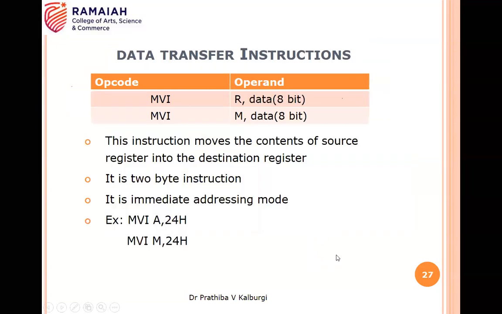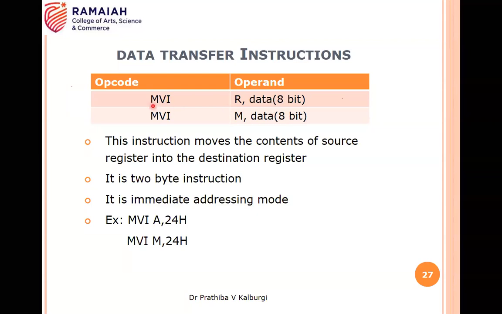That is, you are going to transfer the content of the specified register into the destination register. Now coming to the move immediate instruction. The move immediate instruction is again 8-bit data. If you can see here, the 8-bit data you are going to have will be transferred into the specified register. This is a 2-byte instruction.